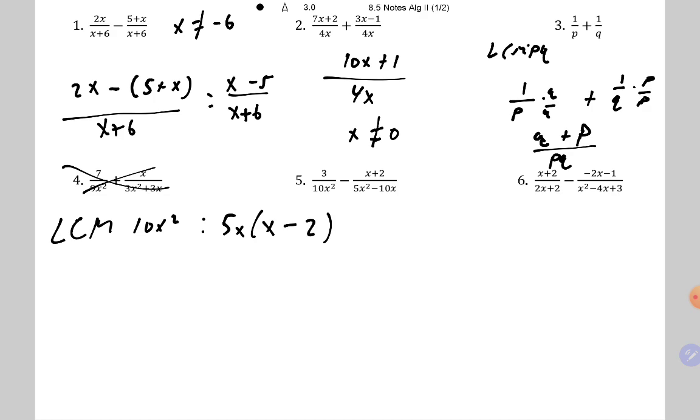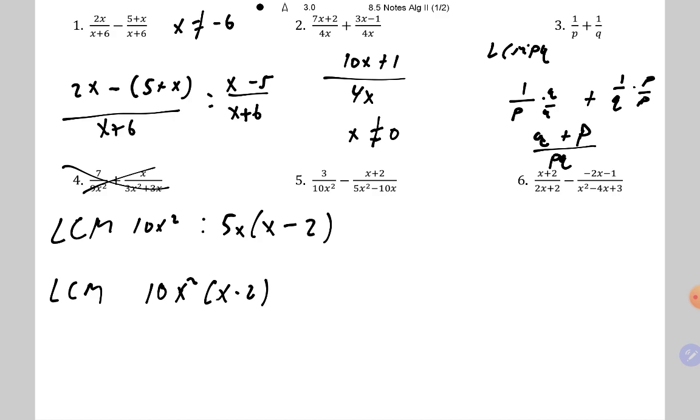Okay. So we're comparing these two numbers. LCM. 5 can go into 10 twice. So we can have our lowest common multiple be 10, between 5 and 10, and then x and x squared, so x squared here, and then tack on whatever's left, x minus 2.